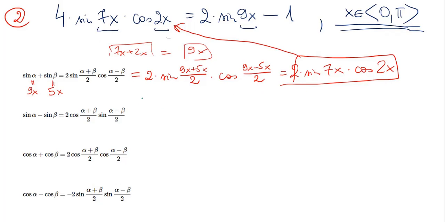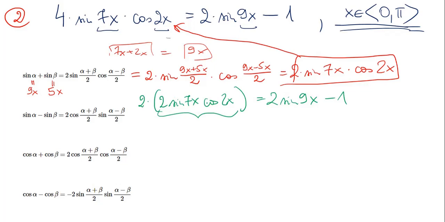So let's go back to our equation. It's 2 times 2 sine x cosine 2x, right? So this is the whole part. Then 2 sine 9x minus 1. And then instead of this expression, we will put this expression, right?